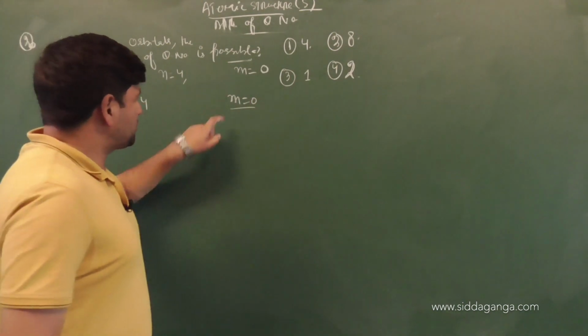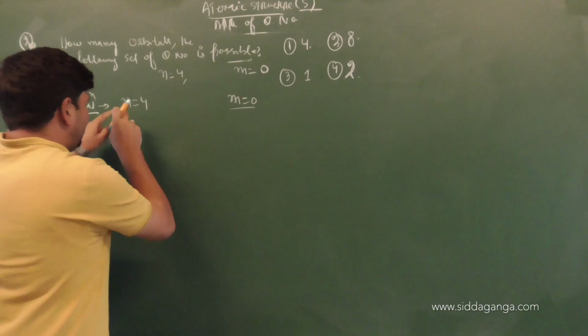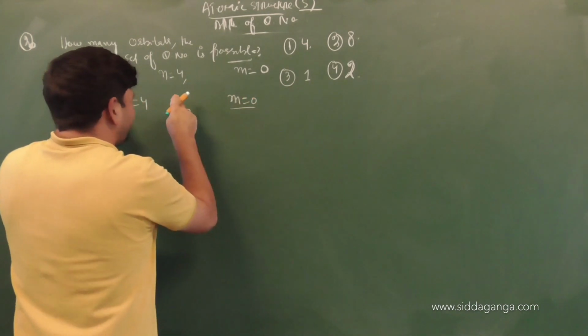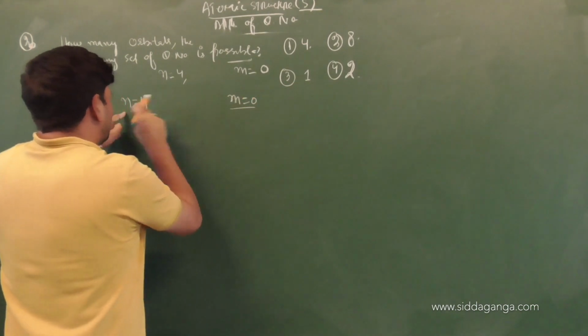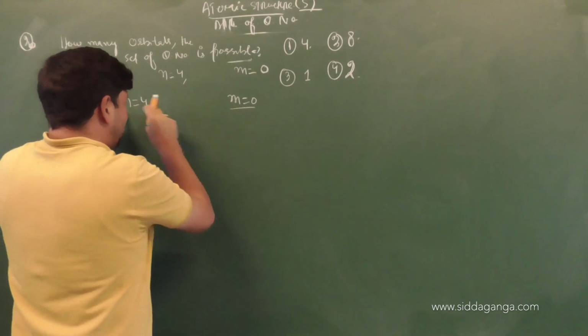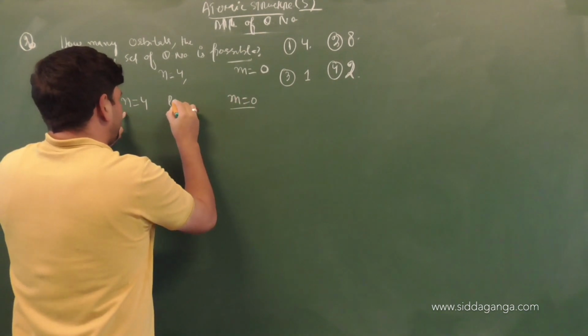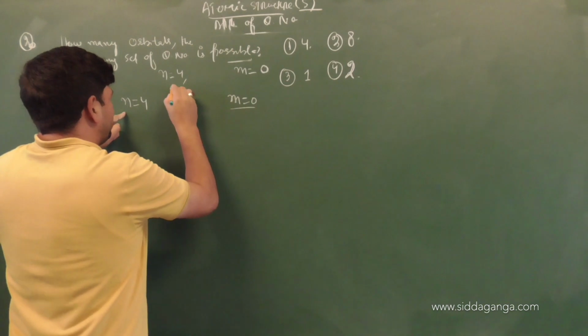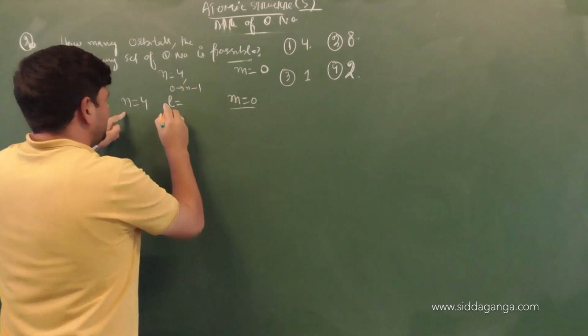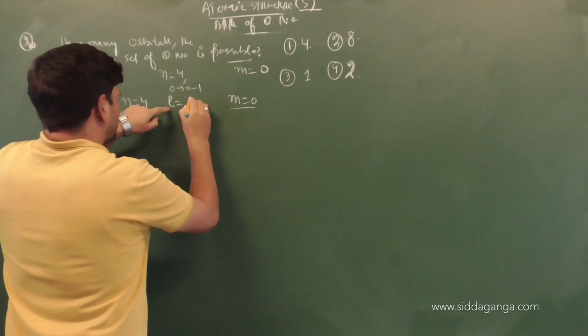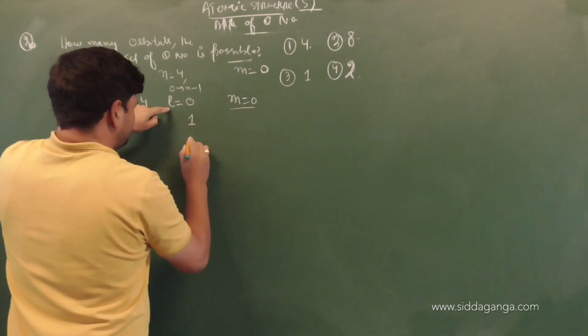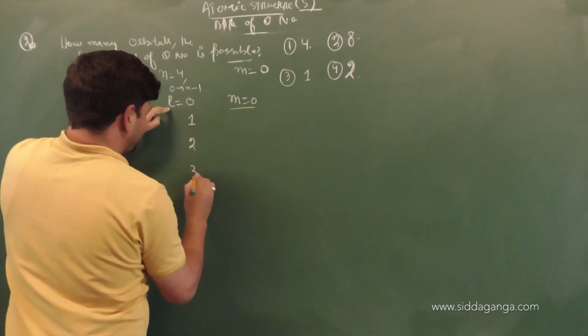Yes or no? Now when N and M are given to you, you need to find out the values of L. So how do you find the values of L? 0 to N minus 1, correct? So the L values will be, N is 4, 0, 1, 2, 3.